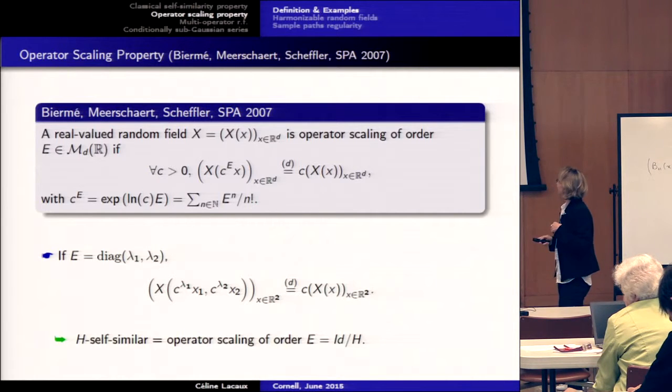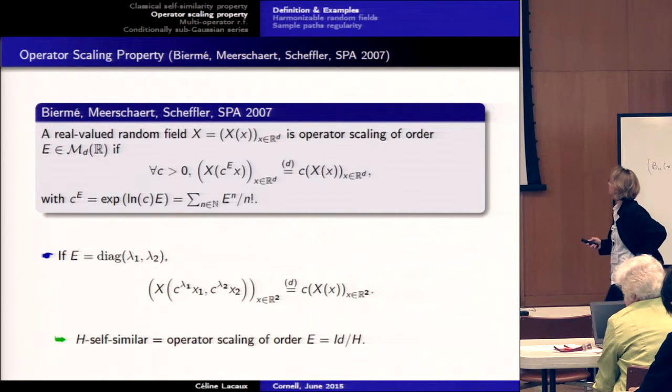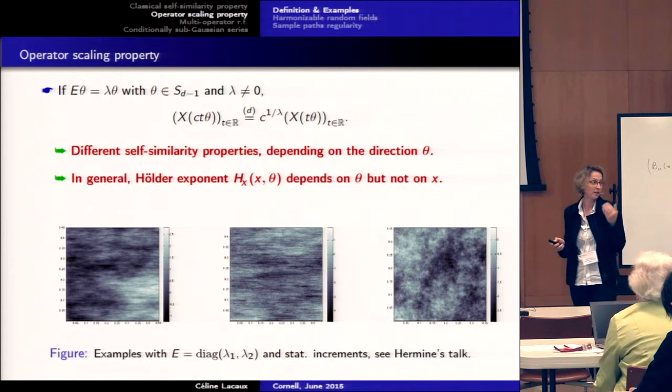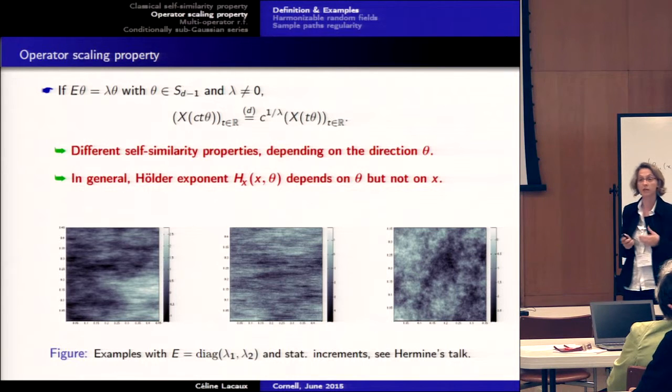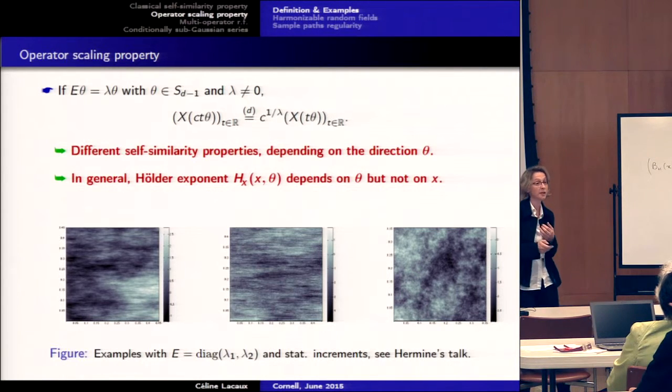What is the link with the self-similarity property, given in the following slide? If you choose an eigenvector theta linked to the eigenvalue lambda, and you look at your field only in direction theta, then you obtain a process which is self-similar in the classical sense, and the order of self-similarity is 1 over lambda.